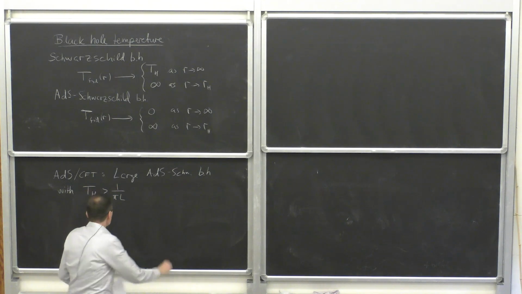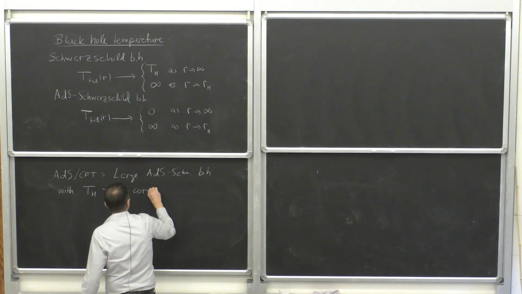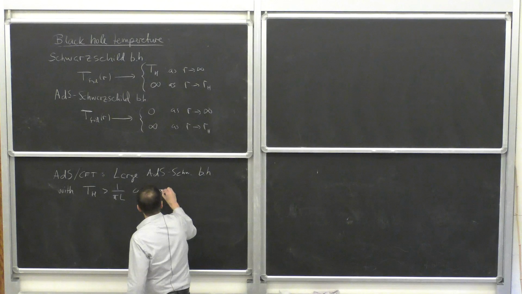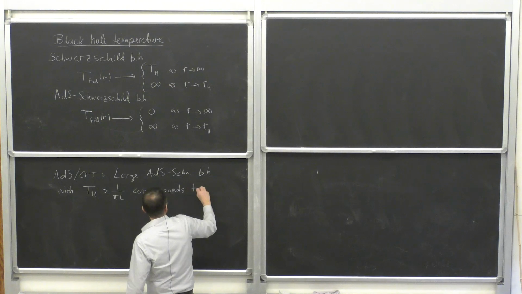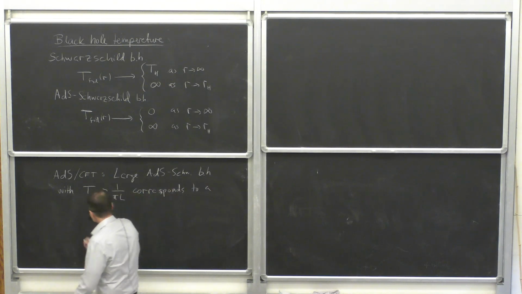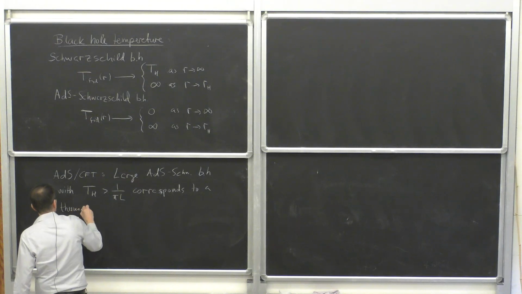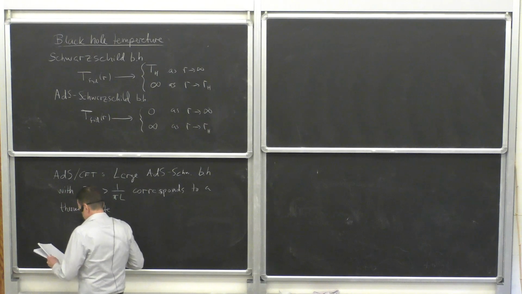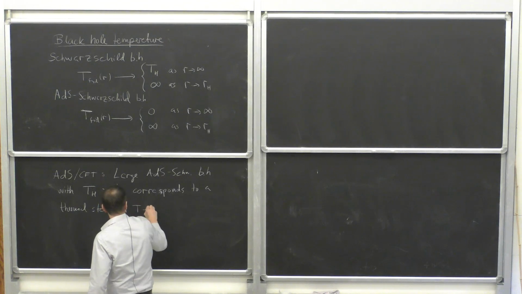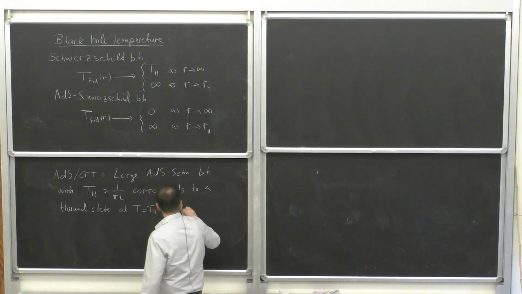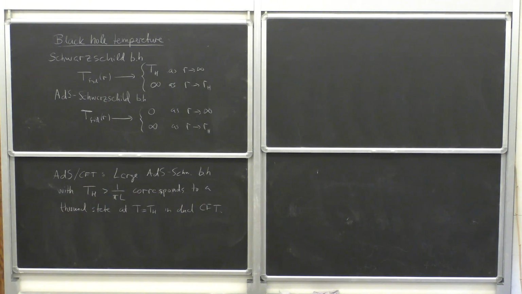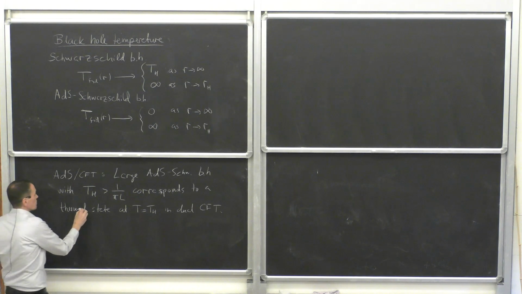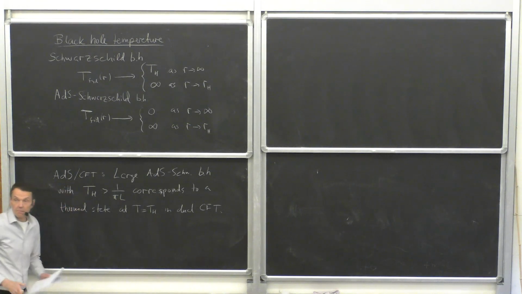So we're told in the AdS/CFT dictionary, this corresponds to a thermal state at T equals T_H in the dual CFT, okay? And as we raise the Hawking temperature, we're talking about a progressively hotter plasma that we're looking at.